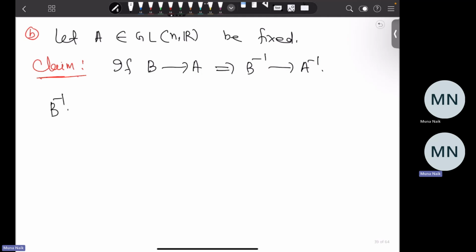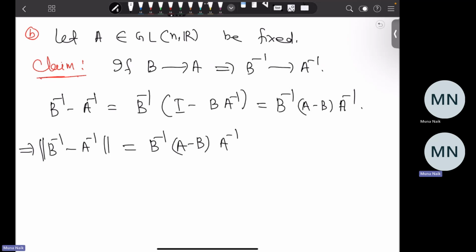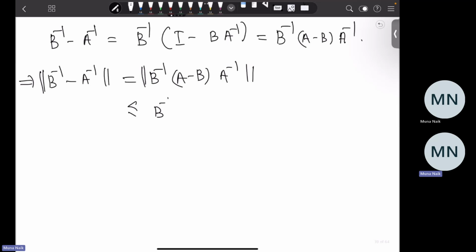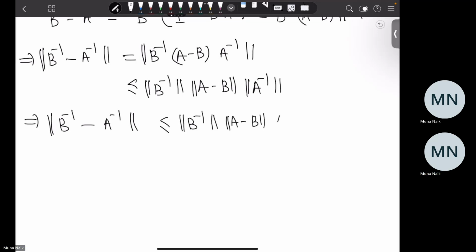Taking B inverse common, this is B inverse times (I minus B A inverse), which is B inverse times (A minus B) times A inverse. So the norm of B inverse minus A inverse is less than or equal to norm of B inverse, norm of A minus B, norm of A inverse.